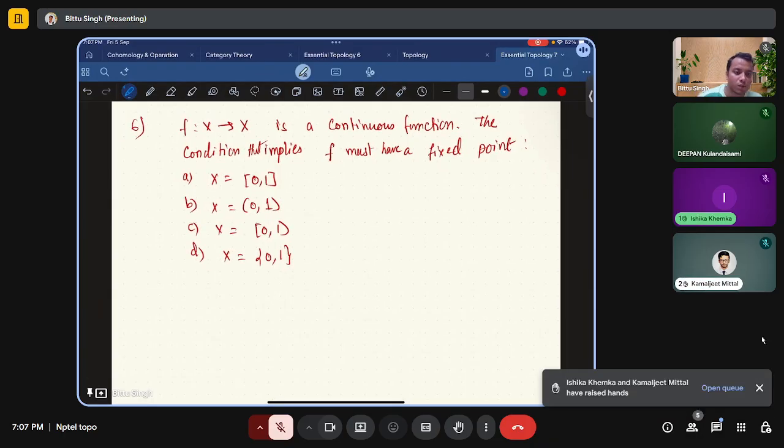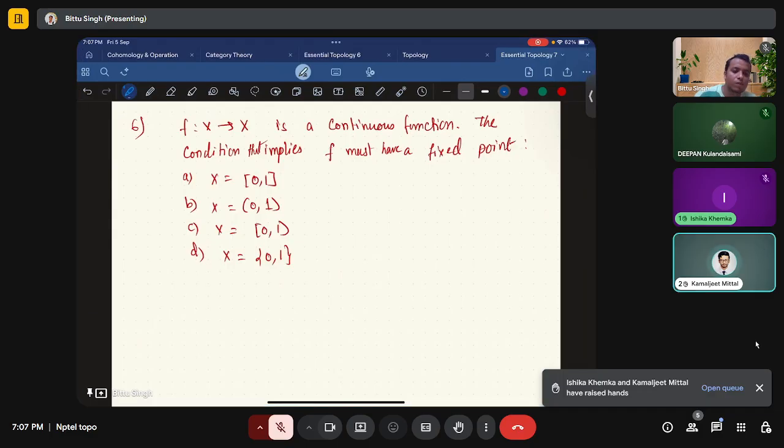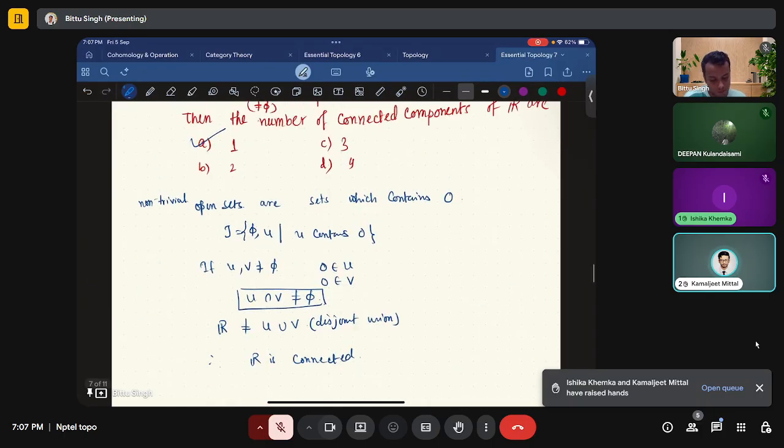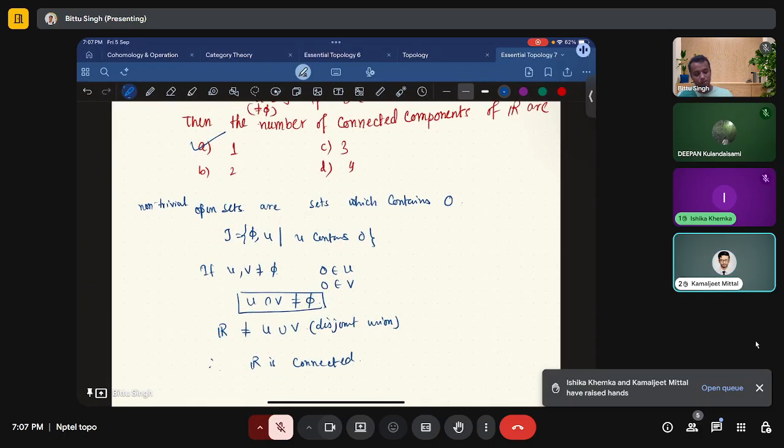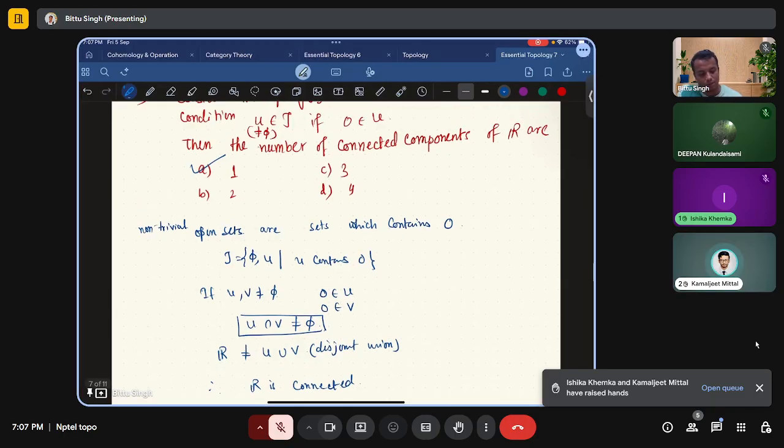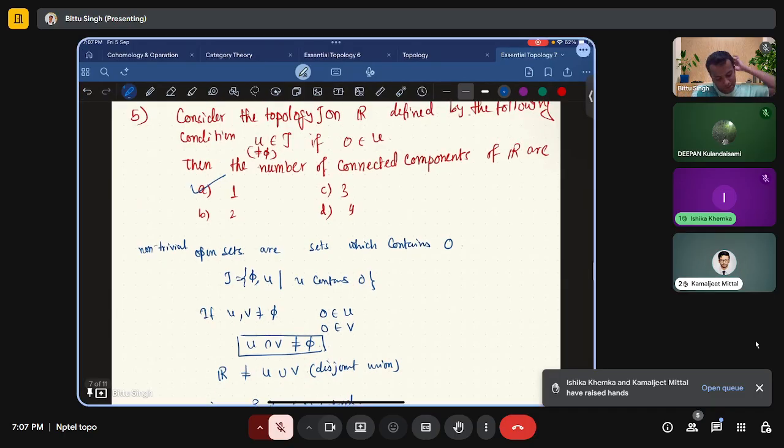Yes. What is your question? Sir, in the previous question, we are talking about open sets which contain zero. Can we take any real number instead of zero? Yes.